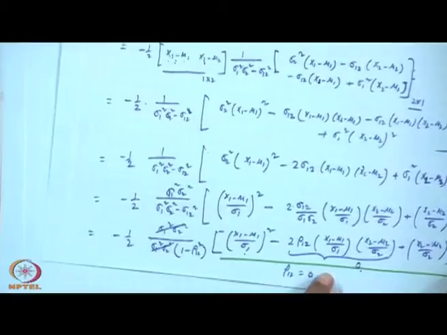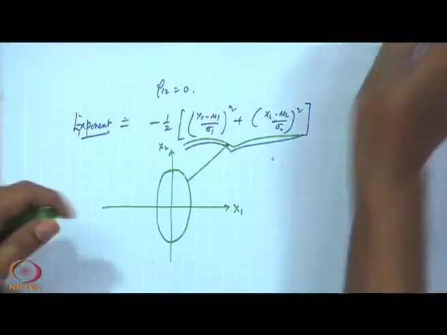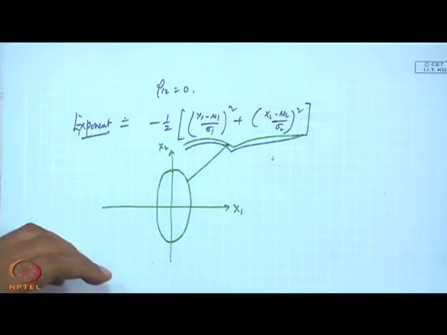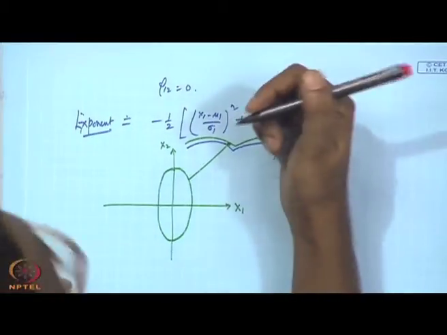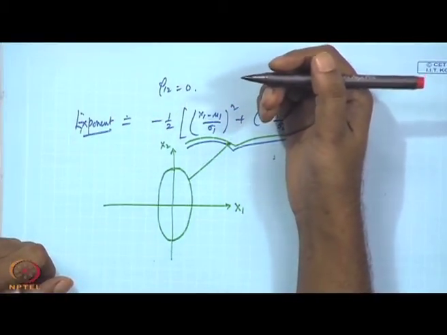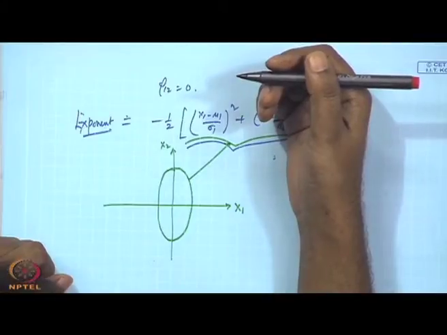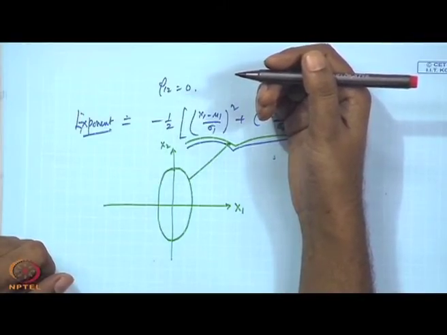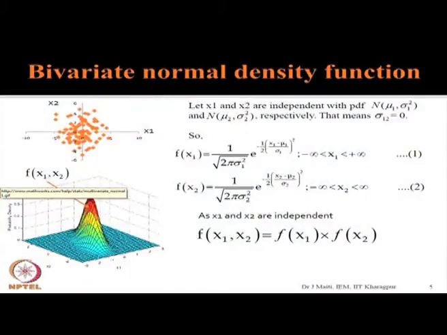So, if I want to plot this, what will happen to my figure? Now it depends on rho 1 2. I think the origin is at mu 1 mu 2. Yes, the origin is at mu 1 mu 2. You see this figure, the origin is also at mu 1 mu 2.